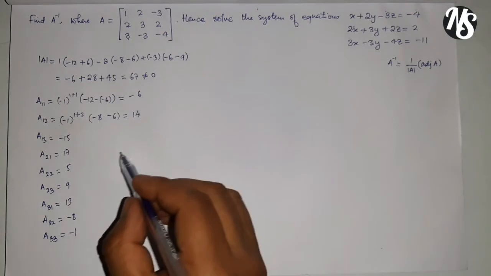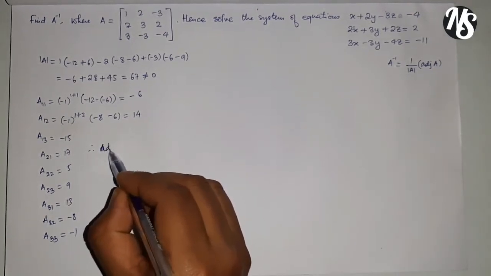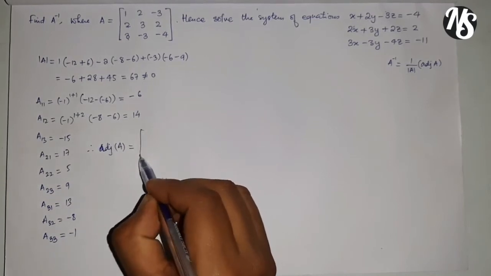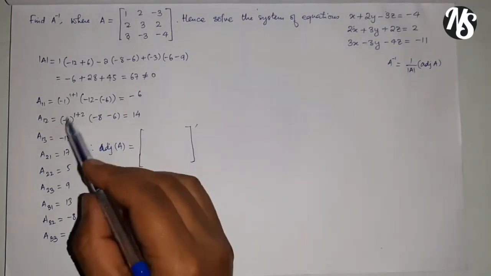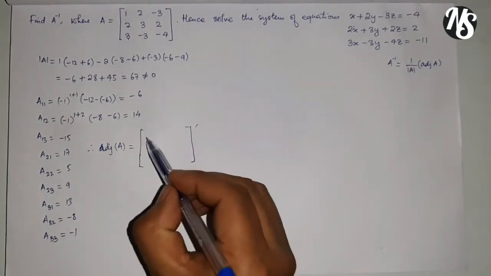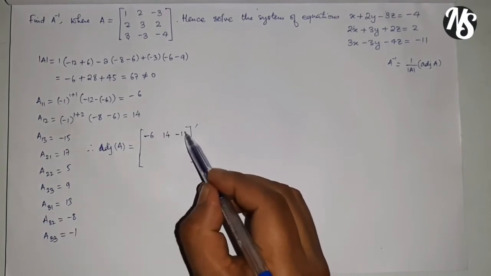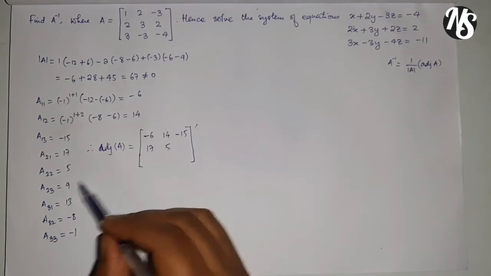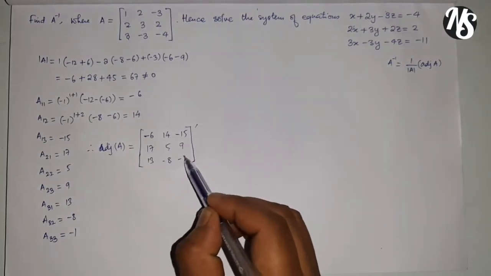Let me write it here only. So we have the adjoint of A. The adjoint of A is the transpose. First and foremost, remember there is a transpose, and you get A11, that is minus 6, 14, minus 15, A21 17, 5, 9, 13, minus 8, minus 1.